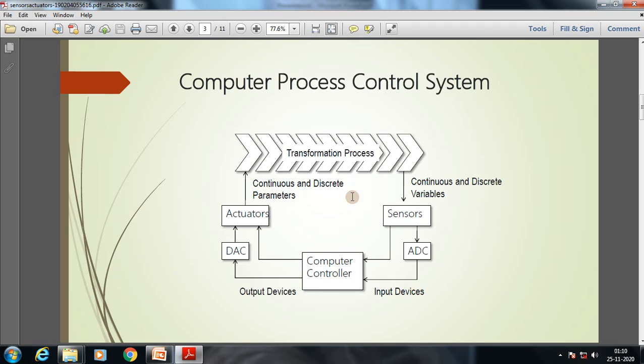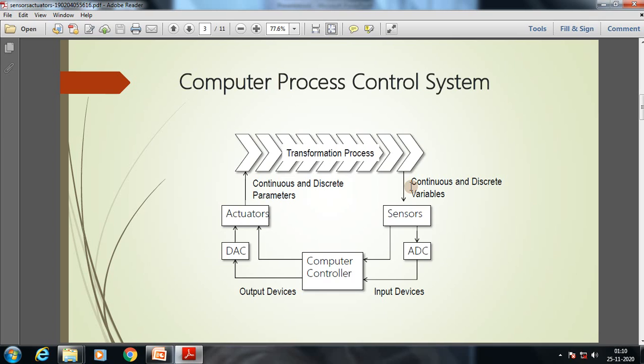Continuous and discrete variables are fed to the sensors, which provide an output that could be a voltage difference or other kinds of signals, fed to the analog to digital converter.